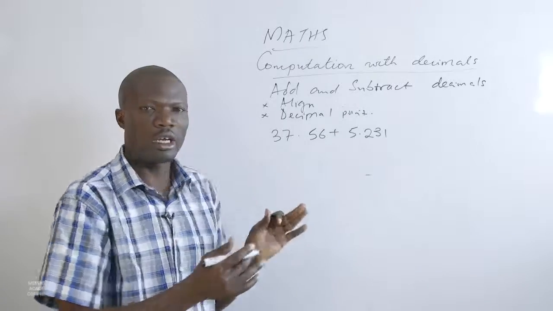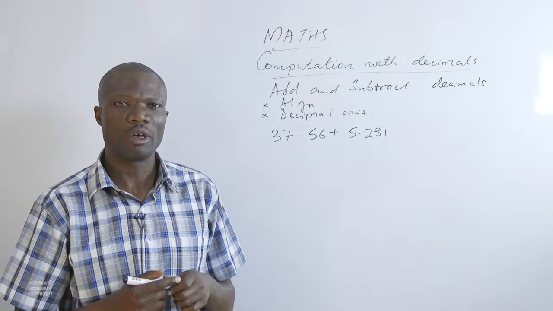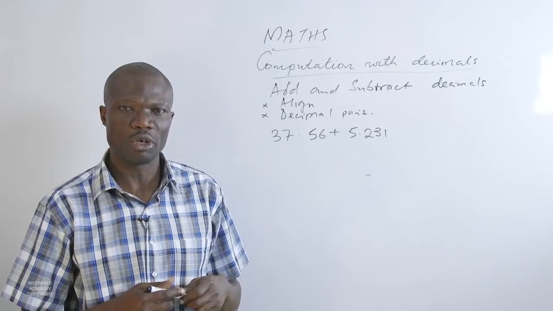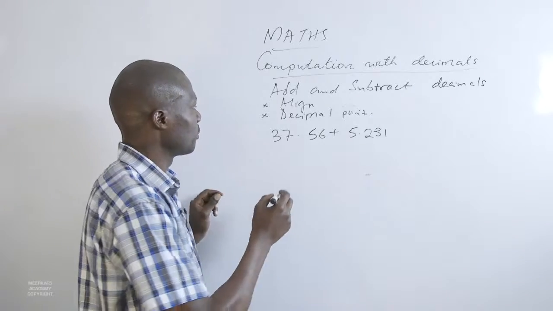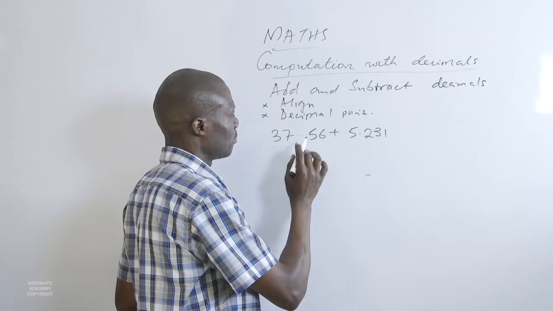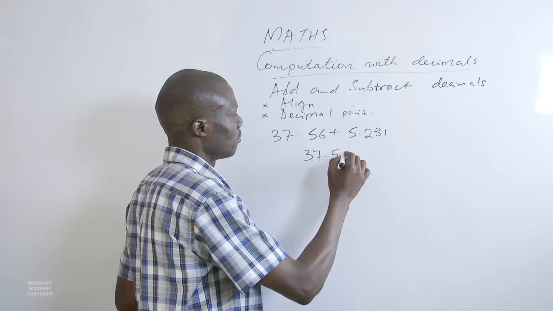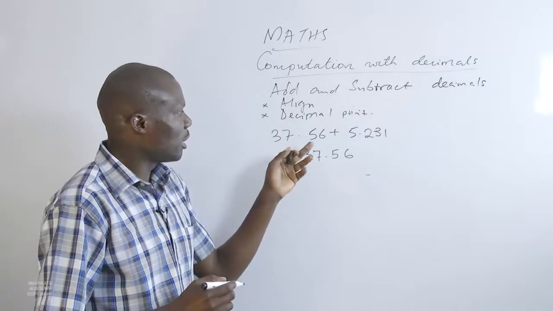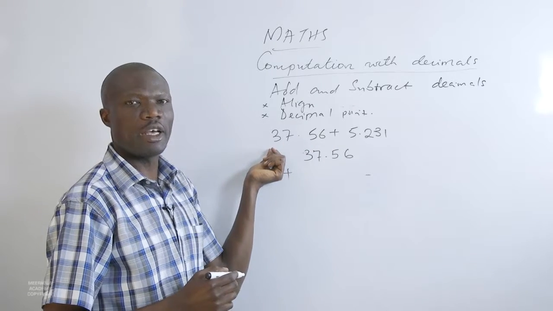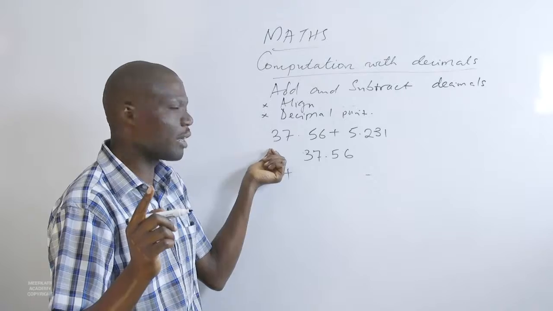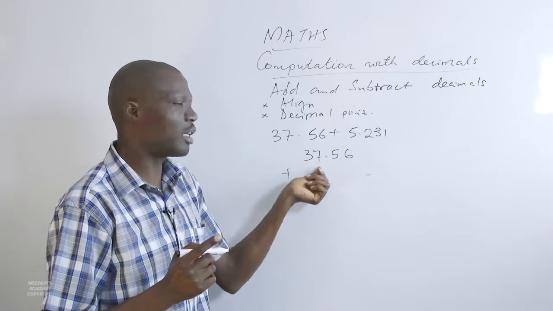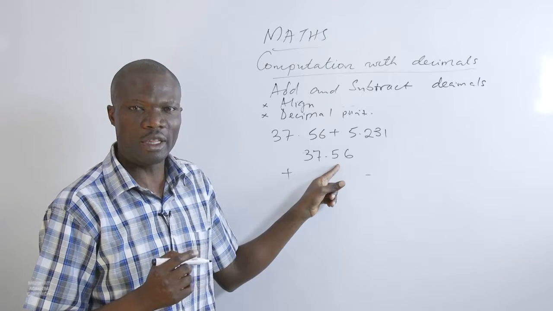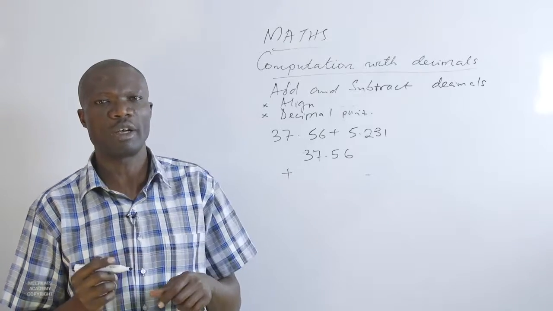For us to be able to add this, we are going to arrange them in column form, observing the rule of the place value for each digit. So that's 37.56 plus; we have 3 in the column of tens, 7 in the column of units, and then 5 in the column of tenths and 6 in the column of hundredths.